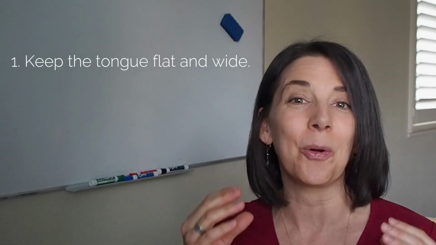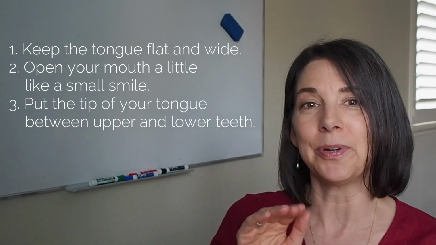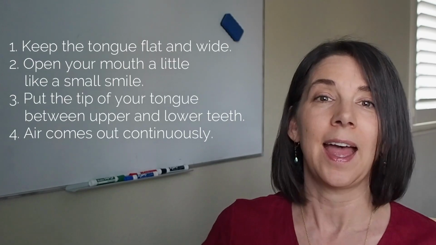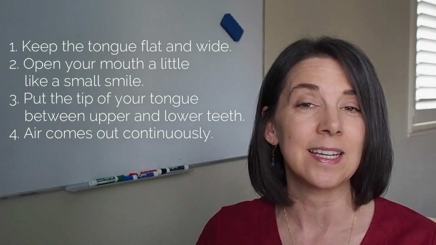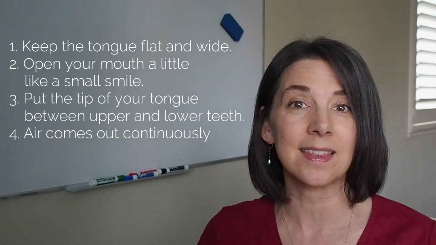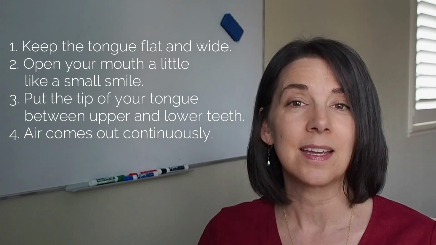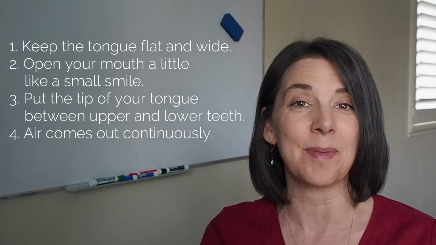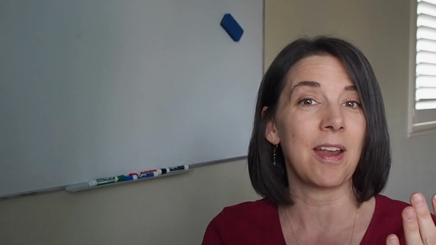You'll open your mouth like you're going to make a small smile, and then you're going to put your tongue in between your upper and lower teeth, and the air is just going to come out continuously. Keep practicing until you can feel that air coming out. Put your hand in front of your mouth and see if you can feel some air coming out.